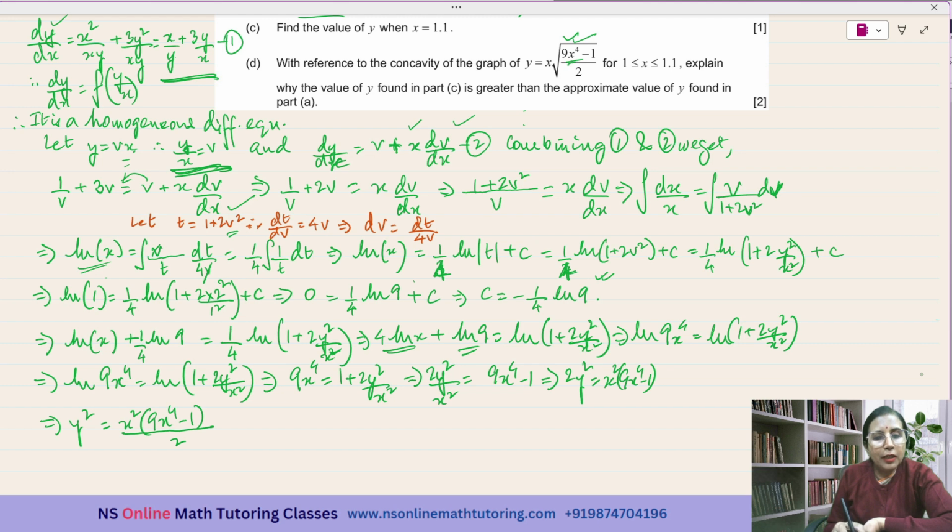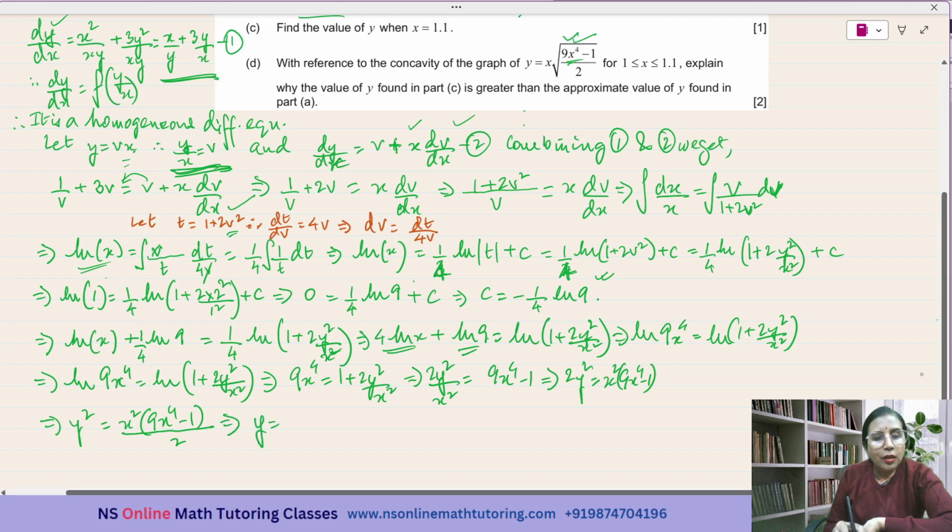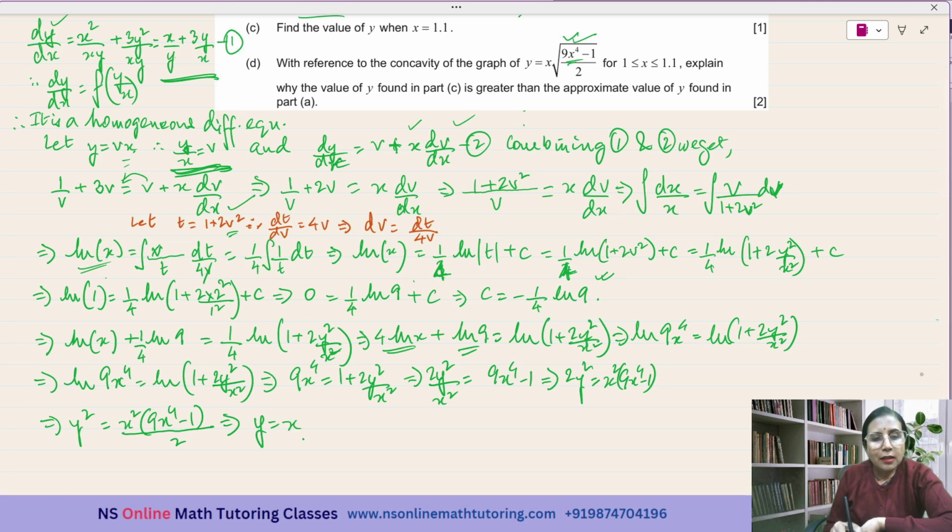And I'll be taking the square root of both sides. So the square root of x square is x, and it is 9x to the power of 4 minus 1 over 2.